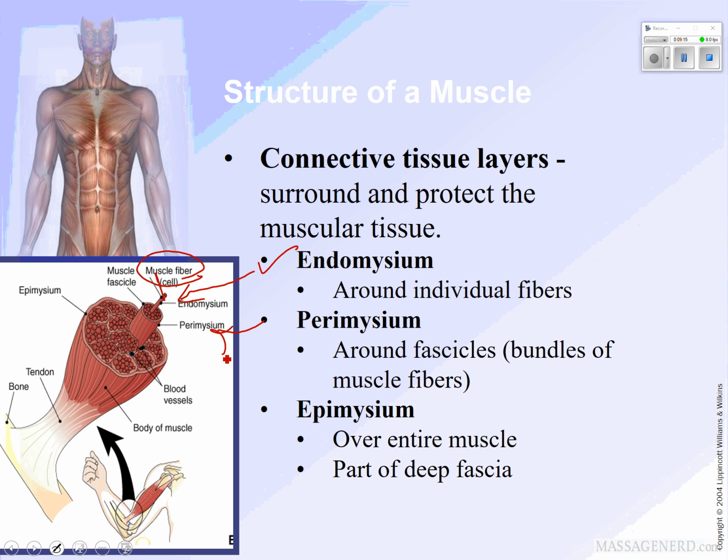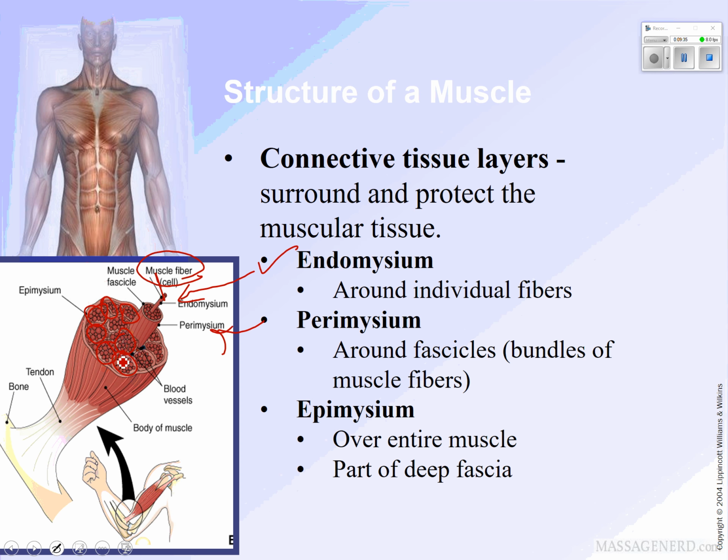So the perimysium surrounds the muscle fascicles, which are bundles of muscle fibers. Then you have several bundles. If you look here on your picture, you have several little bundles. I'm kind of circling them here.